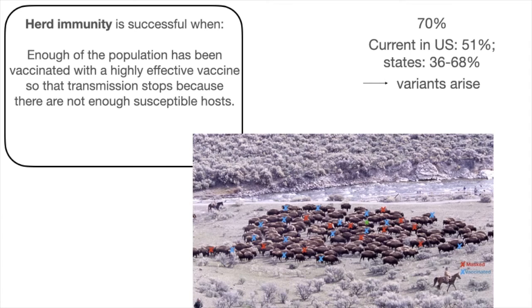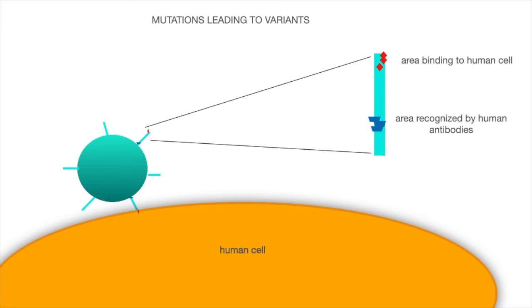But when they're inside a host, that's when they are going to mutate and give rise to variants. The variant we're worried about currently, of course, I say of course, in a month it could be something different. It's the Delta variant.